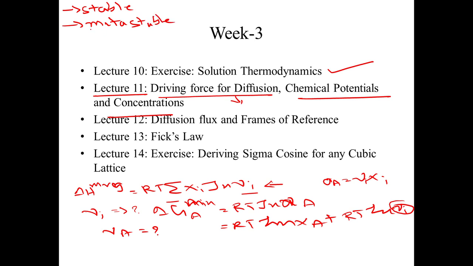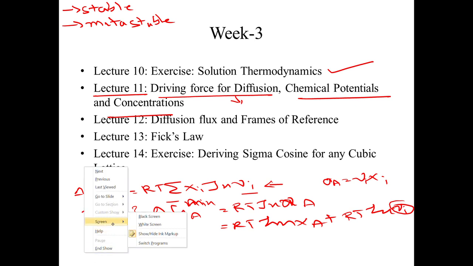A stable state has the lowest energy. That means it is satisfied in everything and it is the stable one, so no one can make any changes in this one.